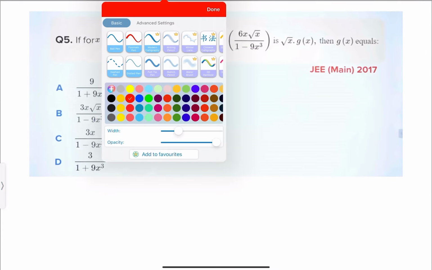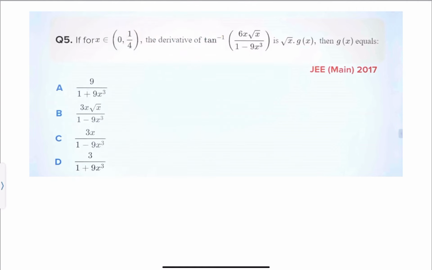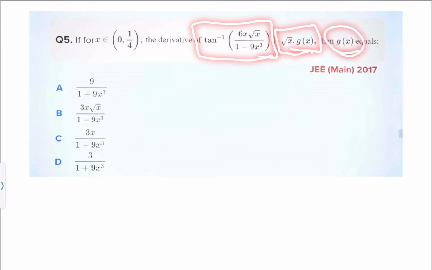In this question, what we need to do is, for x in the range 0 to 1 by 4, the derivative of this term is root x multiplied by g of x. Then we need to find g of x.